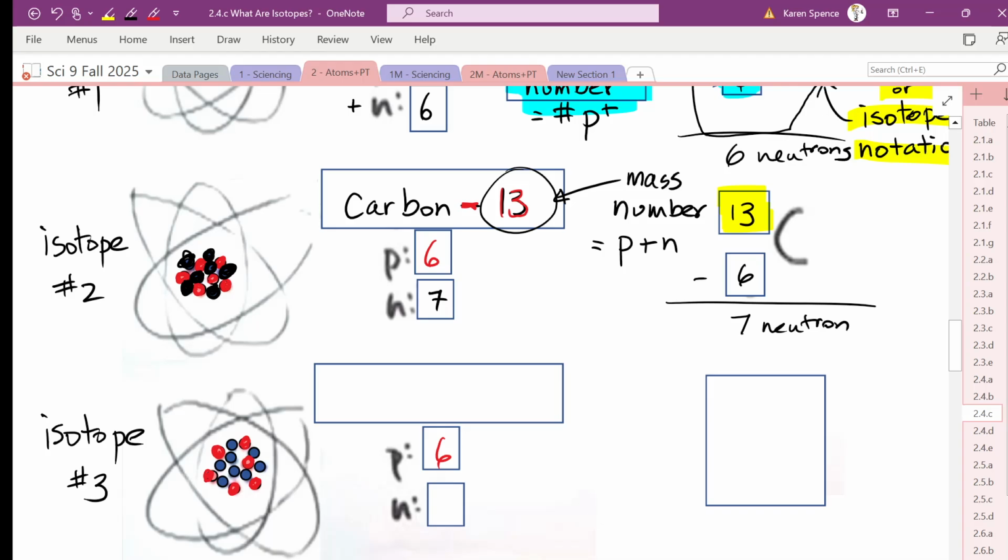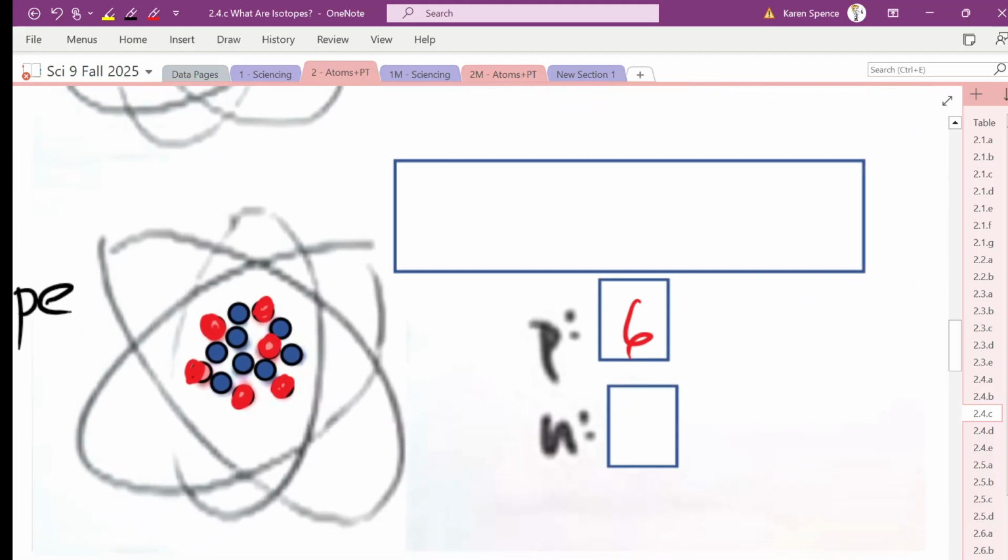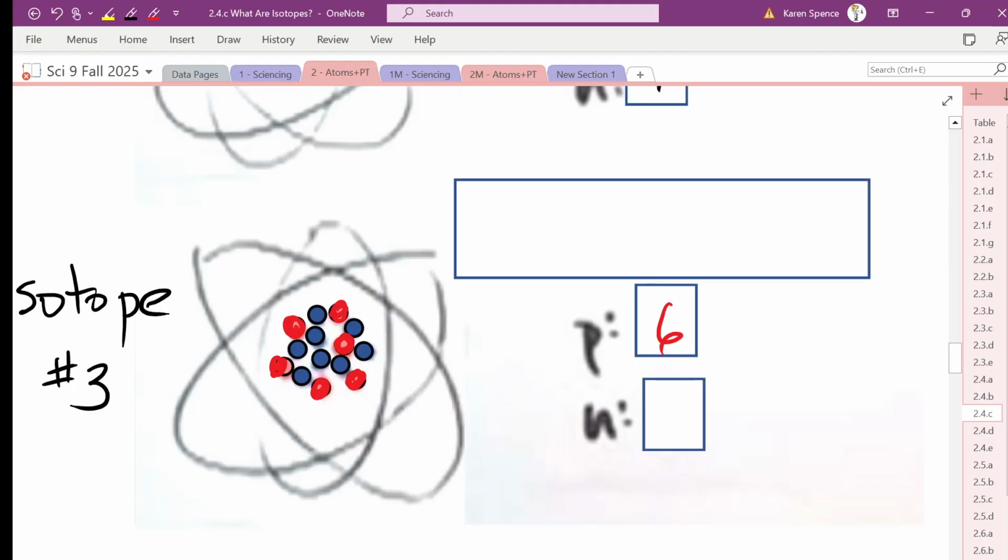What is the name of isotope number 3? Count your neutrons, figure that out with your partner. Did everyone count 8 neutrons?